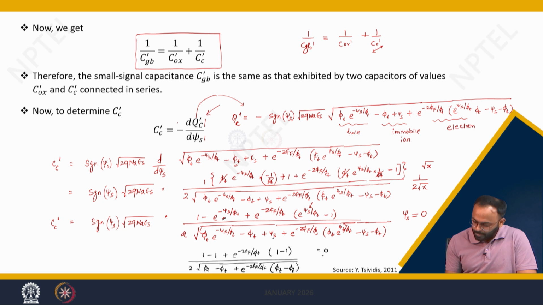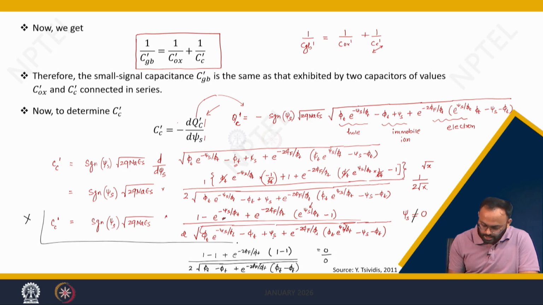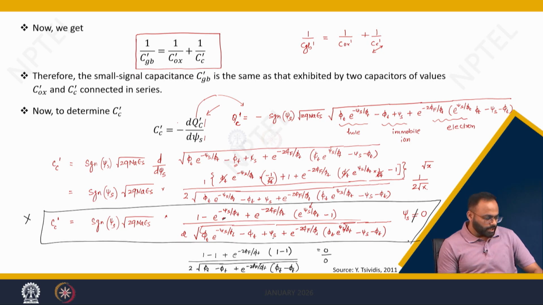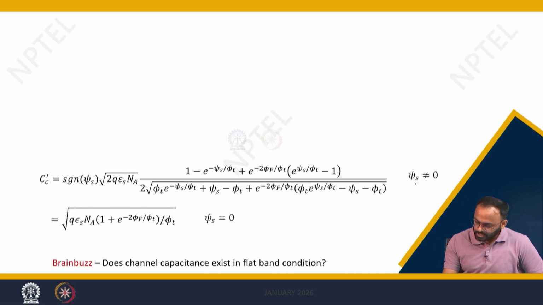So you ended up with a 0 by 0 form. So you cannot use this equation for psi s equals to 0. So this equation holds good for psi s not equal to 0, right? Here the final expression is written, which says that psi s is not equal to 0.